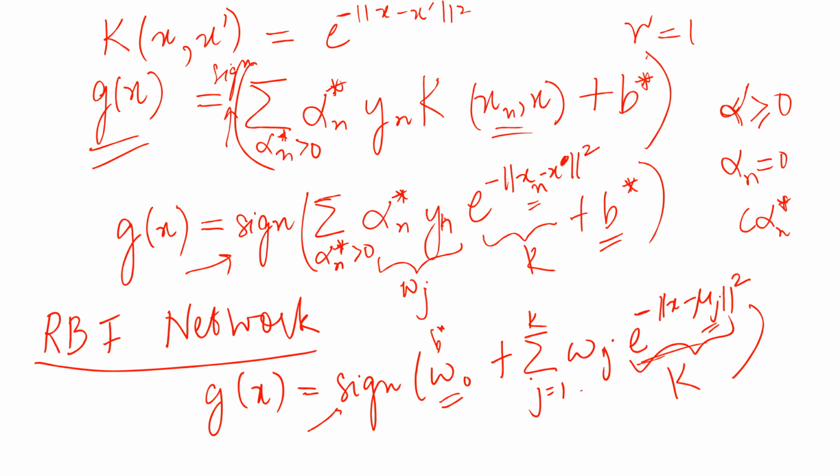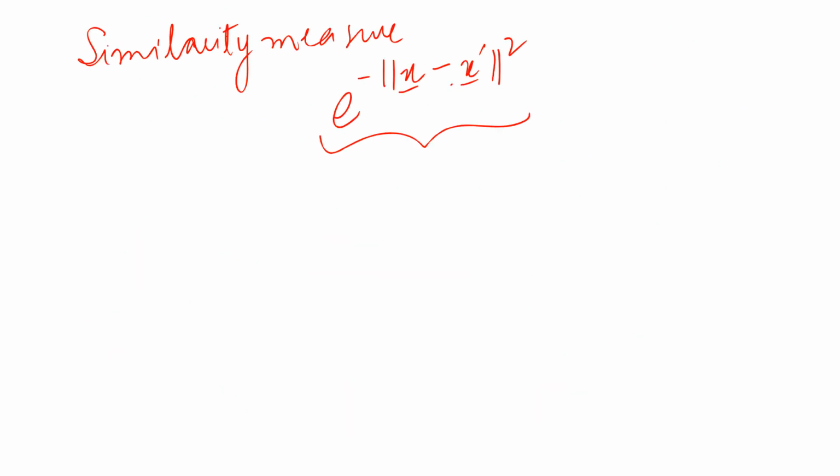For the RBF network, we said we have to figure out K, the clusters, and then we construct these centers, which are mu sub j's, right? And these mu sub j's, I would say, were constructed using unsupervised learning. My centers were found using some unsupervised learning technique.